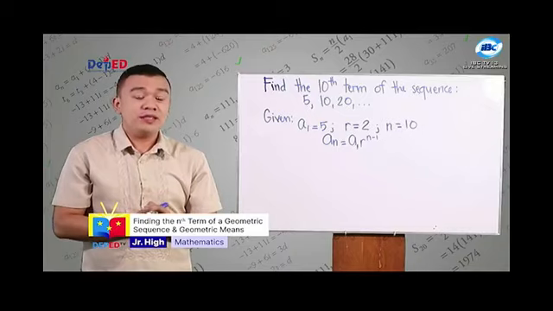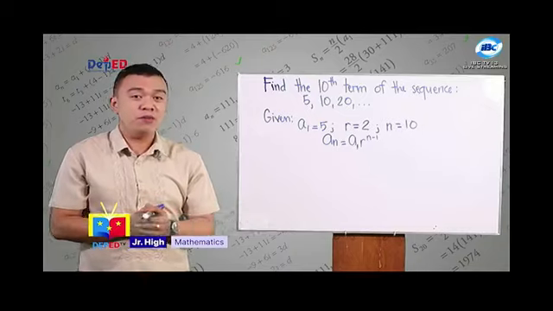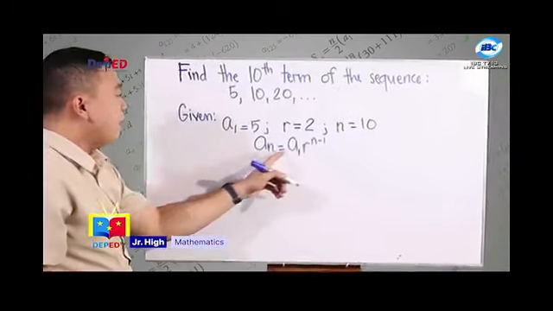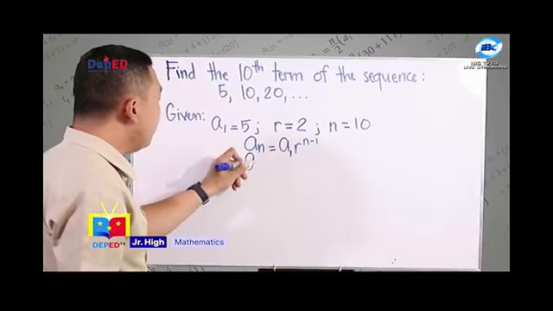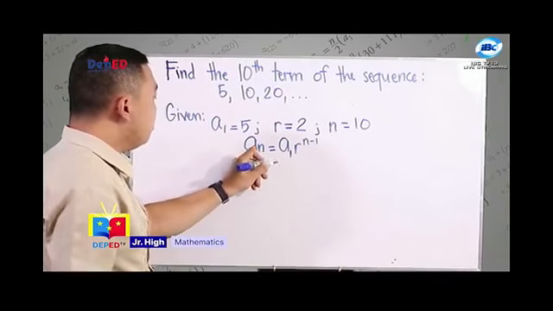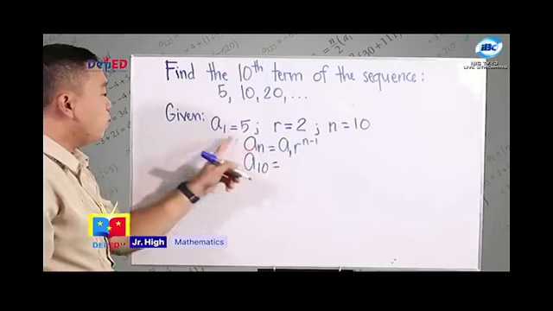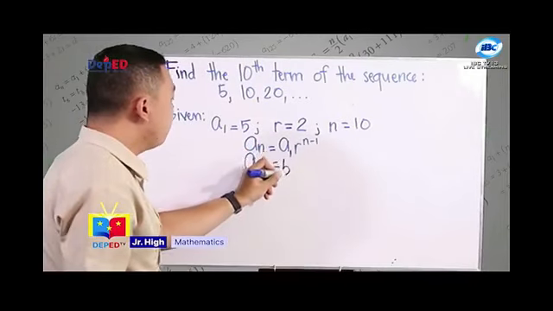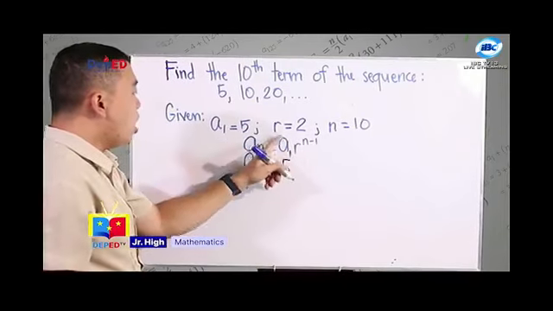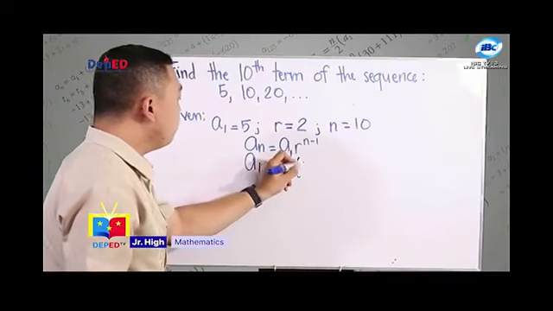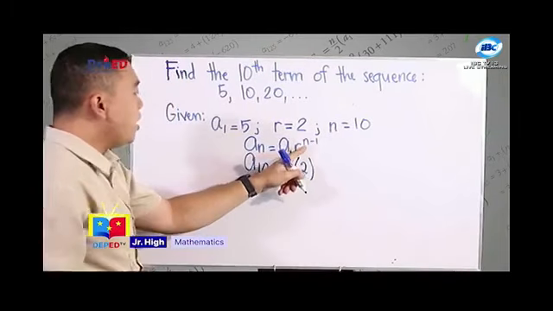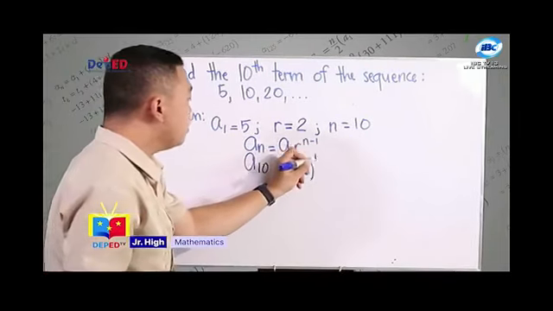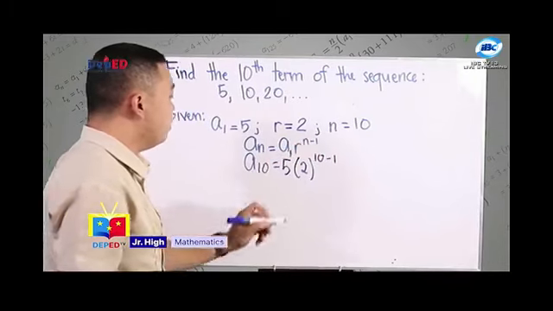Now, let's substitute the values in the formula. Our a sub n will be a sub 10 equal to our a sub 1, which is 5, times our r, which is 2, raised to n, and our n again is 10, so that's 10 minus 1.